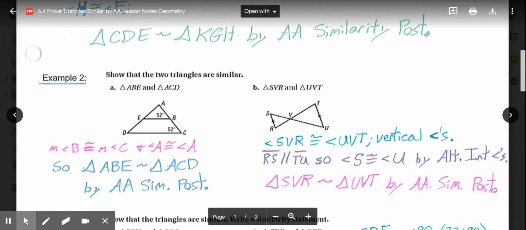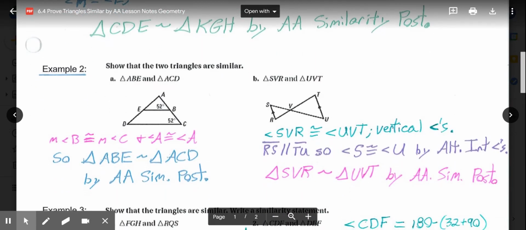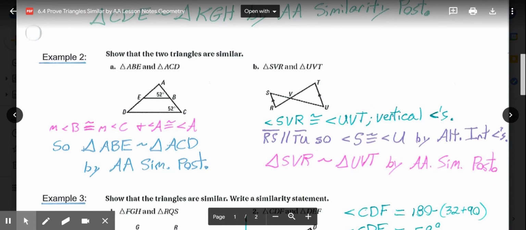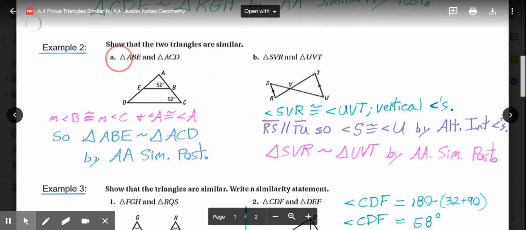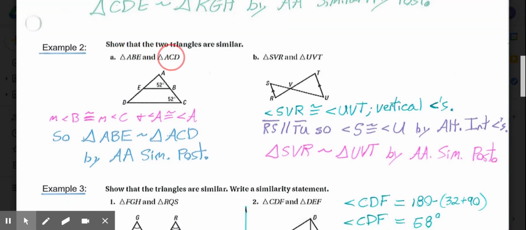Now in example 2, parts A and B, they want us to show the two triangles are similar. So triangle ABE and triangle ACD. If I look at ABE on top, I know angle B was 52 degrees. And in triangle ACD, the bigger one, angle C was also 52 degrees.